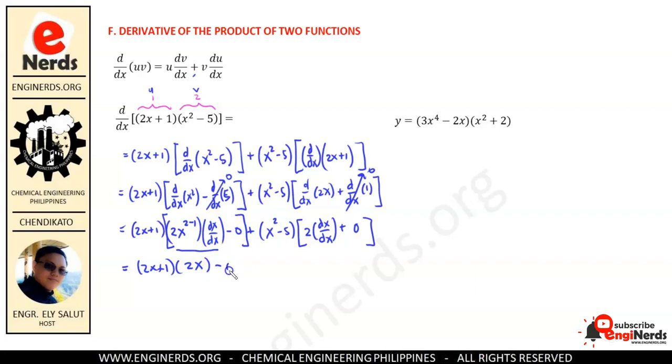So this will be 1. 2x plus 1 times 0 is equal to 0. Plus, we have x squared minus 5 times 2 dx over dx, which is equal to 2. Okay, because dx over dx is equal to 1. Plus, x squared minus 5 times 0, this is also equal to 0.